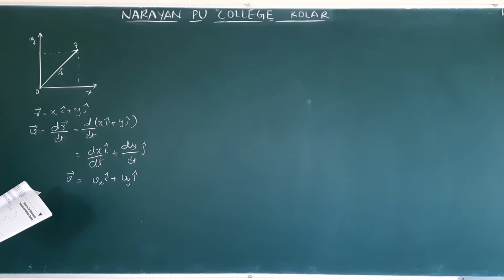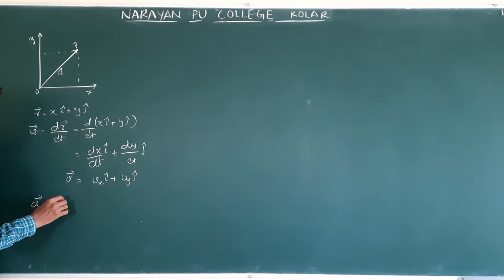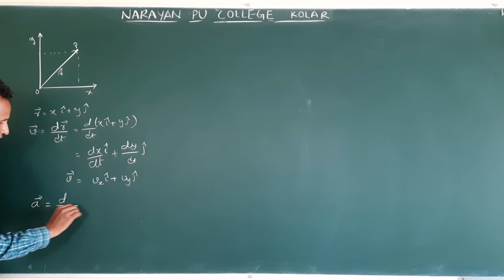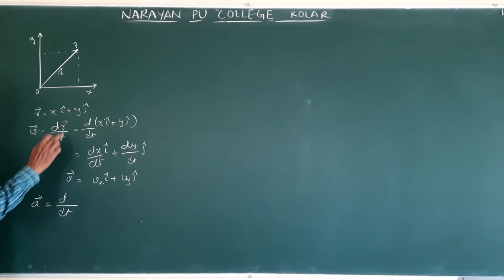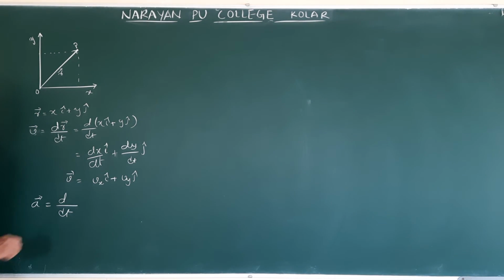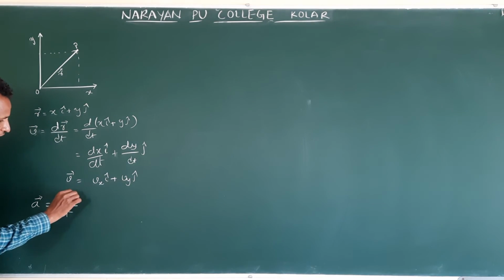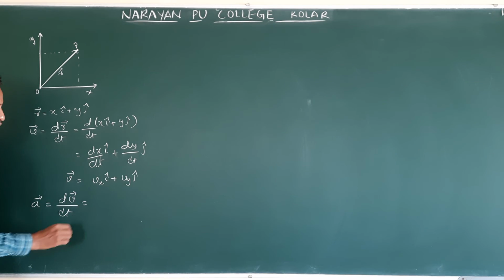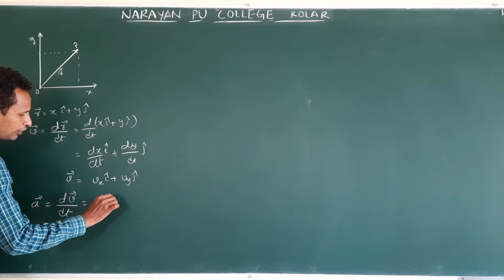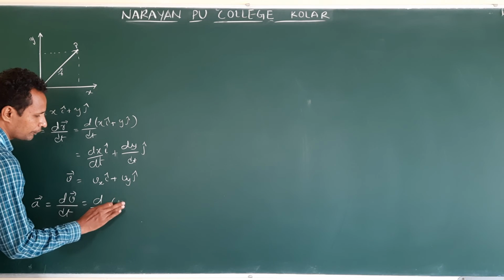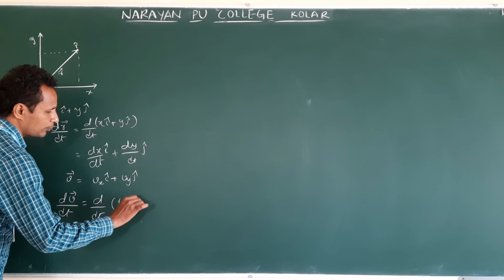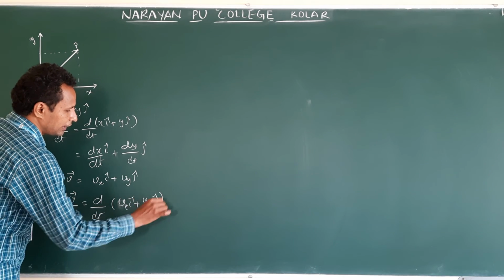Clear. Next, what did they give? Acceleration. Acceleration, how did we define? Rate of change of velocity, change in velocity. So rate of change in velocity, d by dt, rate of change. If it is position r, if it is velocity v. So here we are talking about velocity. Clear. Then this how do we write? d by dt of vx i cap plus vy j cap.